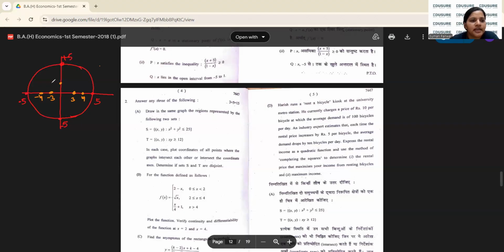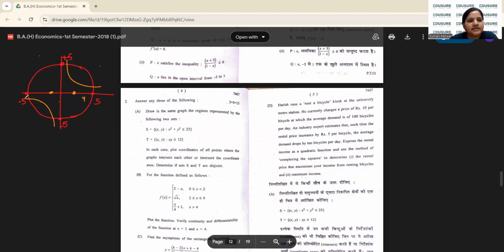Then this is 3 and this is 4. Just wait. So let us plot T. So we will have a situation like this, something like this. We'll have a situation like this.